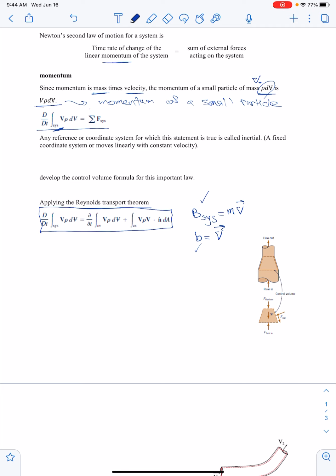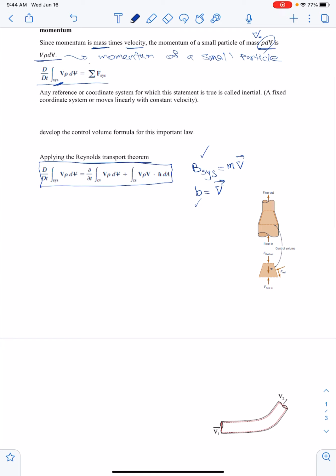If I want to elaborate all of the terms in this formula, let me do something else.